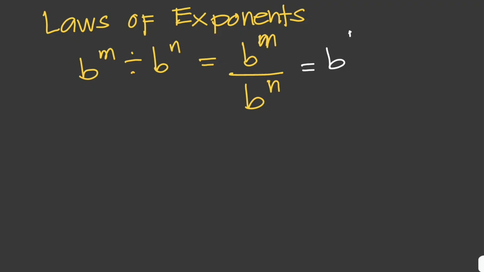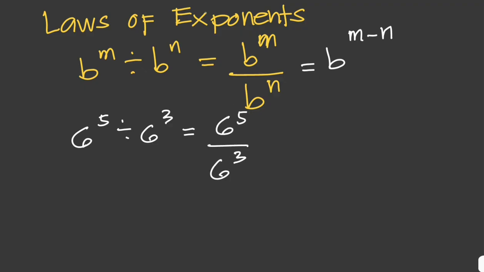Therefore, this would become b to the m minus n. Let's say we're given 6 to the 5th divided by 6 cubed, or we can write this as 6 to the 5th over 6 cubed. Since they have the same base, we copy the base 6 and then we subtract the exponents, 5 minus 3. So this is equivalent to 6 squared.